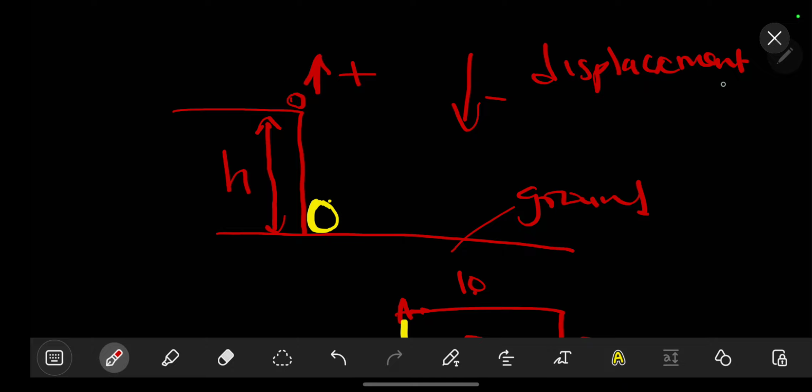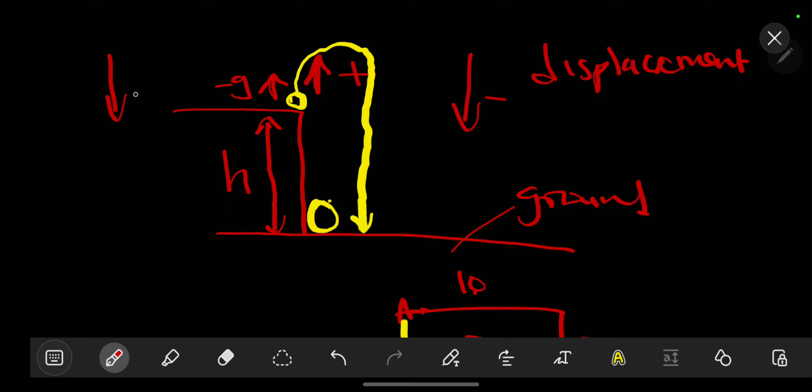Now one thing is common: if you push your object up there, this is where we establish what we are going to be calling the coordinate axis. The coordinate axis simply tells you what you are going to take as positive or negative. So for example, when it was thrown up, gravity was negative, since gravity is acting downwards.